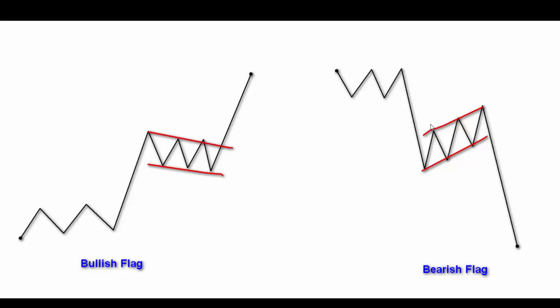On the other hand, the bearish flag is identified by a downward pole or a downtrend, and then an upward sloping flag or a bullish consolidation, and then the price starts to consolidate here and move gradually higher.